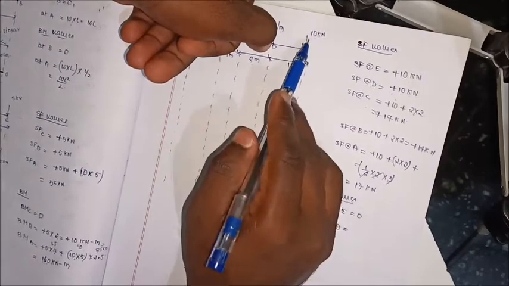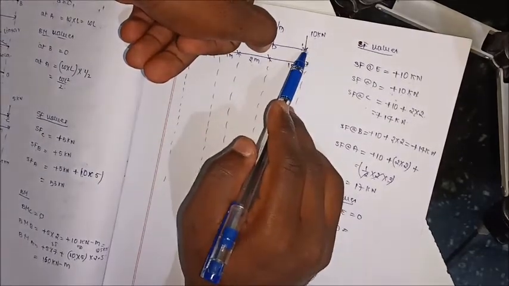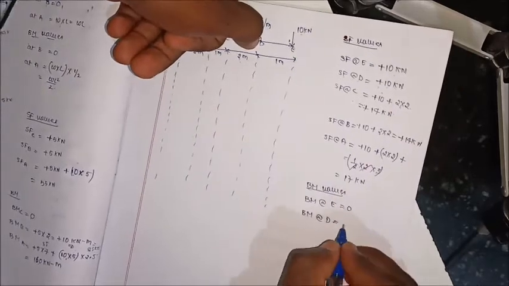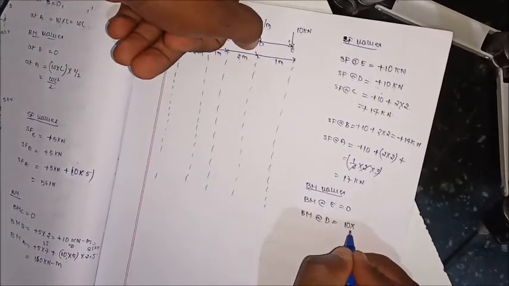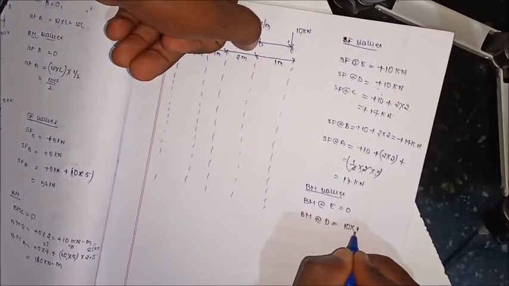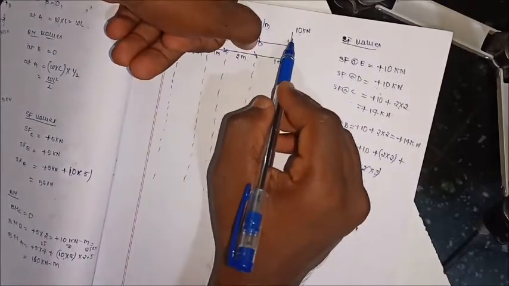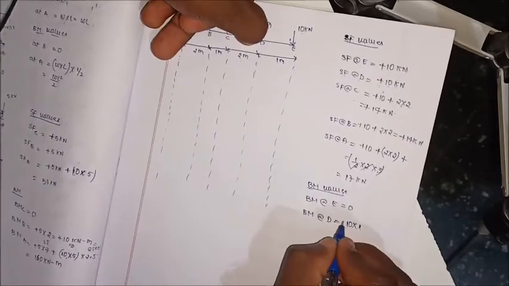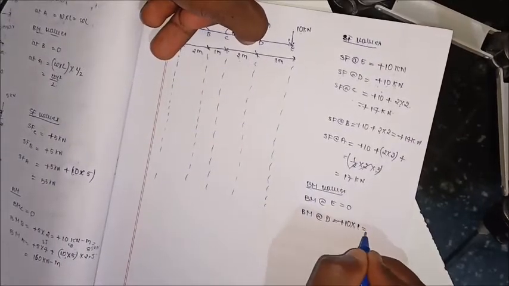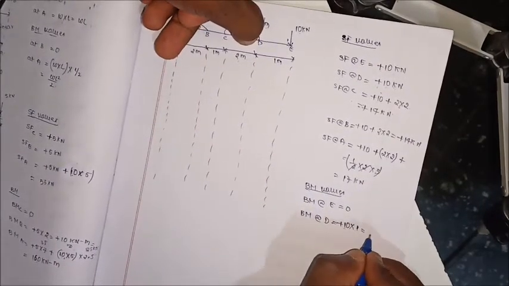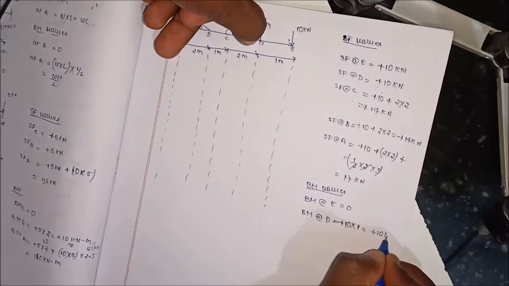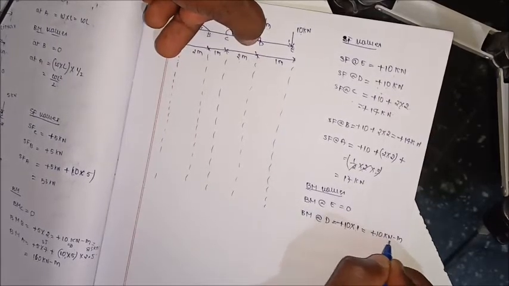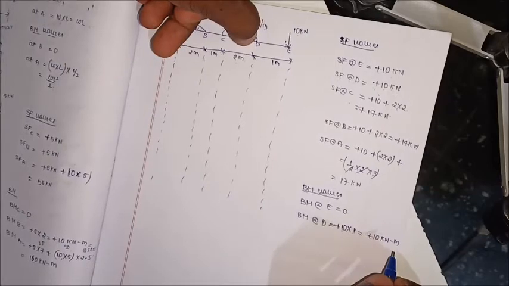Just consider the point load and its perpendicular distance. The point load is 10 kilonewtons and the perpendicular distance is 1 meter. Due to the point load the moment is clockwise, so take it positive. The total bending moment is 10 into 1, so positive 10 kilonewton meter. This is the unit of bending moment.